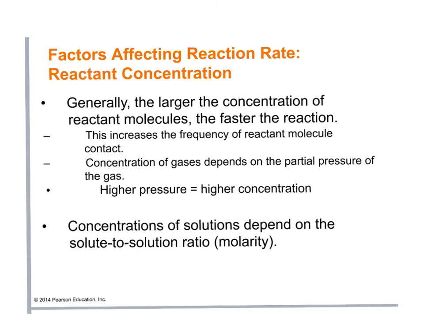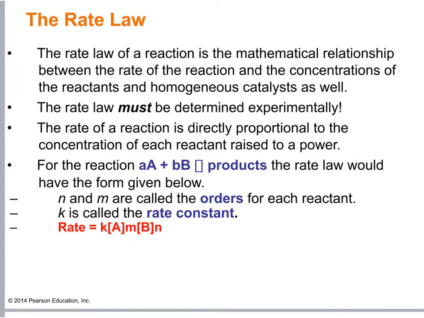Molecular contact. And concentration of gases depends on the partial pressure of the gas, and so that's one of the reasons that we worked through all the partial pressure stuff in the previous section. So a high pressure then would lead to a higher concentration. And concentrations of solutions depend on the solute to solution ratio, or in other words, the molarity.